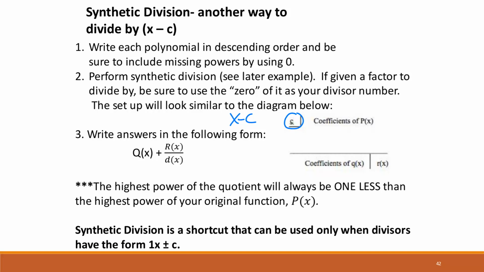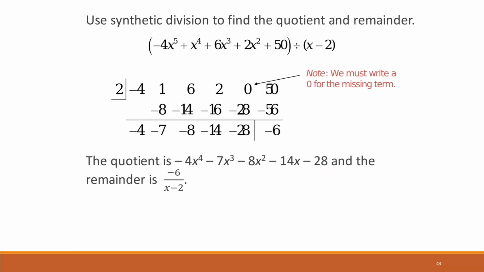We put the coefficients from the original equation here. And what we're doing is we're simply adding here. It's a multiplication and addition process. So I'm going to model it for you because that will make more sense. But setting it up like this will help us start.